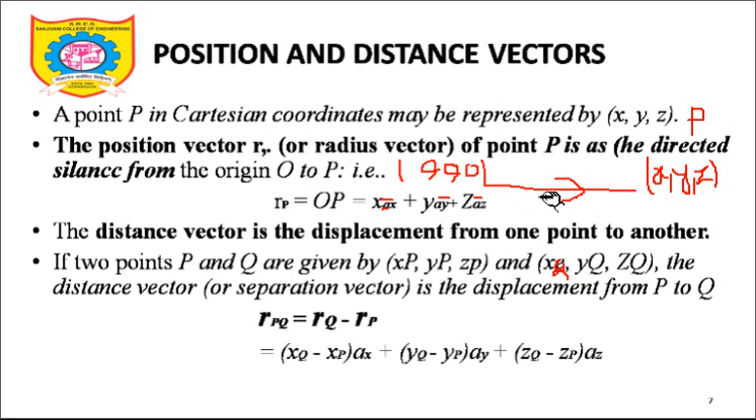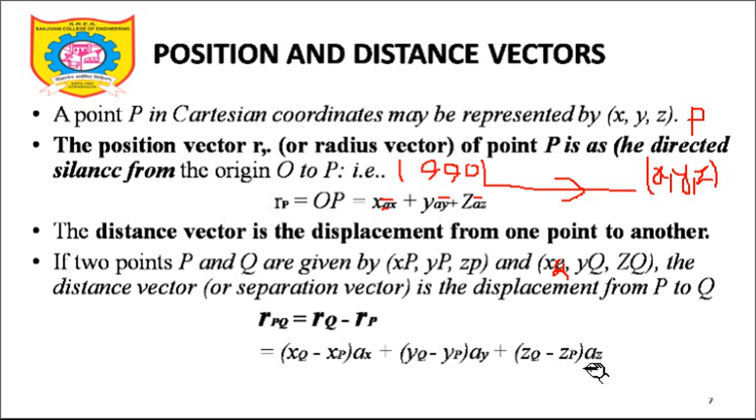Now if I draw a line, it is between xp, yp, zp and xq, yq, zq, or vice versa. So what is the distance between them? As we understood earlier, x minus 0 ax bar, y minus 0 ay bar, z minus 0 az bar. Here it will be xq minus xp ax bar, yq minus yp ay bar, zq minus zp az bar.